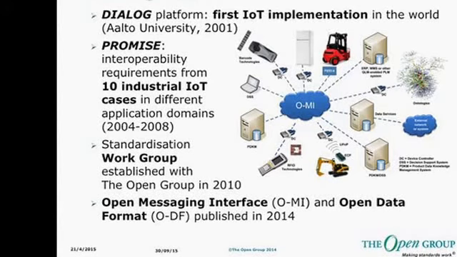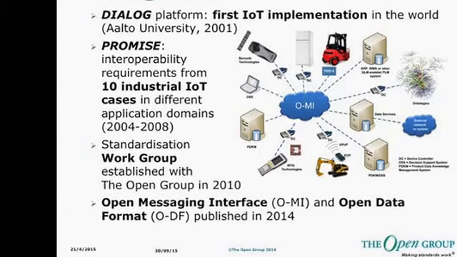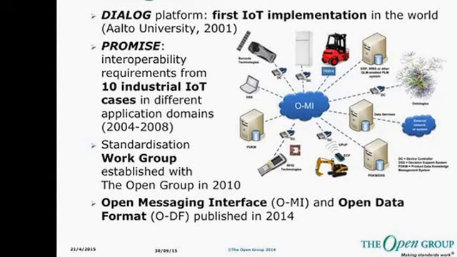Okay, there's a question. Any suggestion on a point of contact to begin getting one's feet wet, from Mahmood? Well, I think if you're a member of the Open Group, one good thing to do would be to join the Internet of Things work group or Open Platform work group.